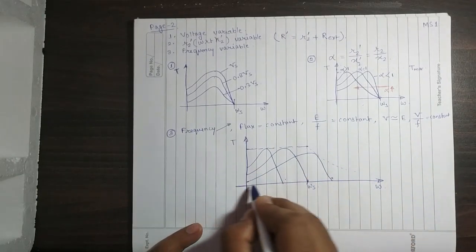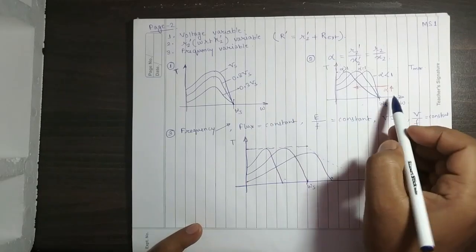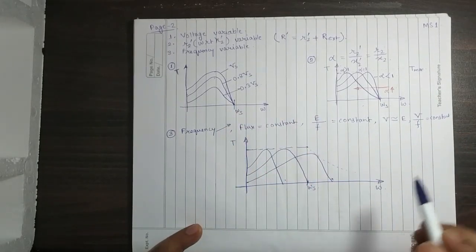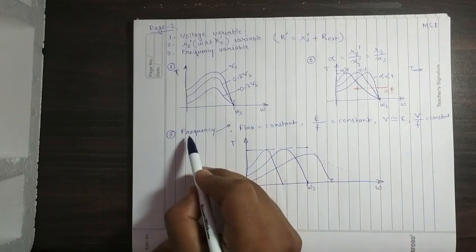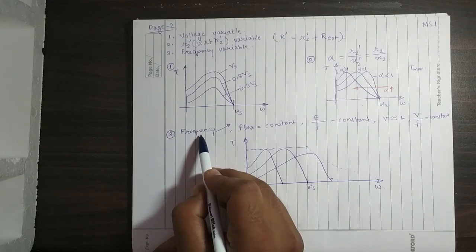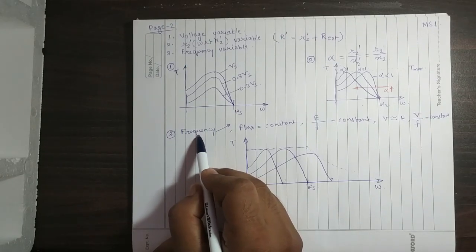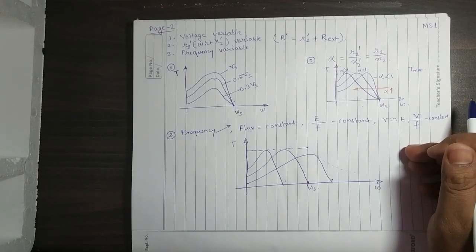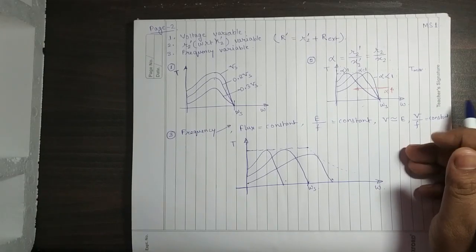So this is the only case where this omega s point is changeable. Why? Because you are changing the frequency, that means you are changing the supply frequency effectively. So changing the supply frequency effectively means you are changing omega s, the synchronous speed. So this is the speed torque characteristics of the induction motor.